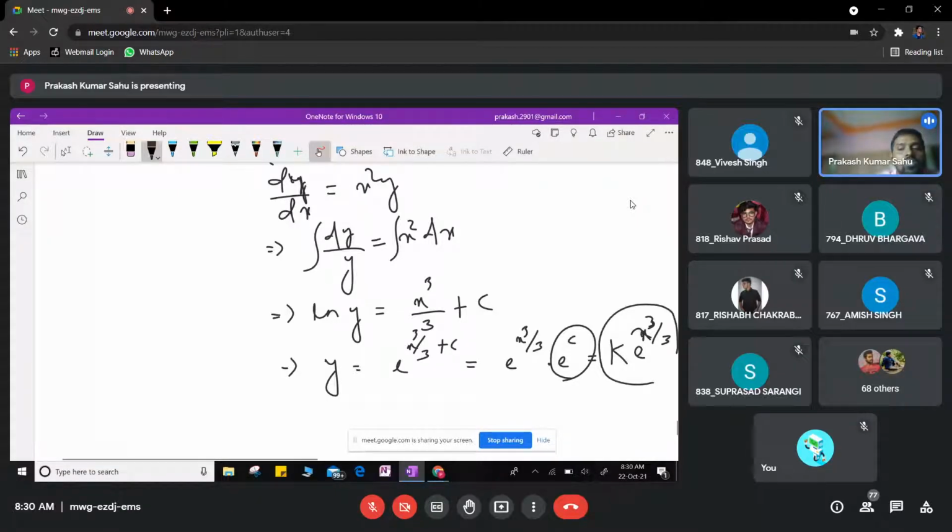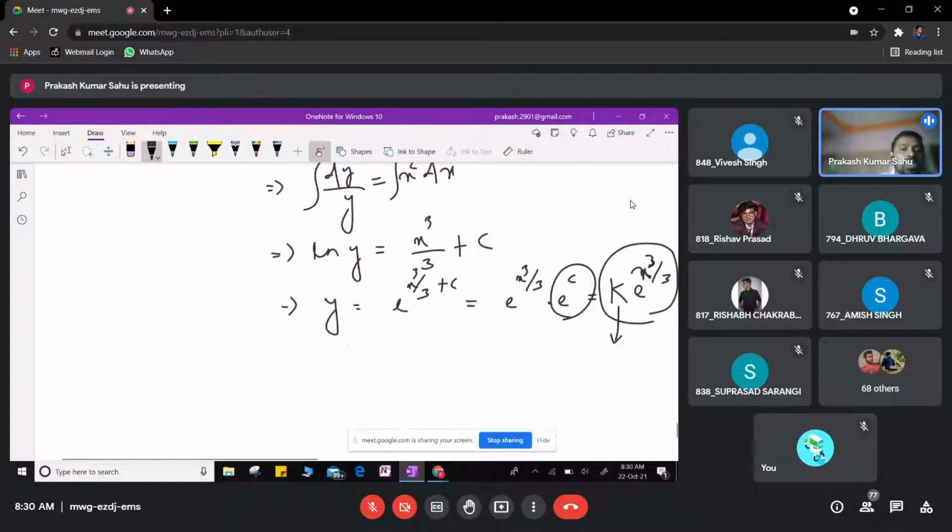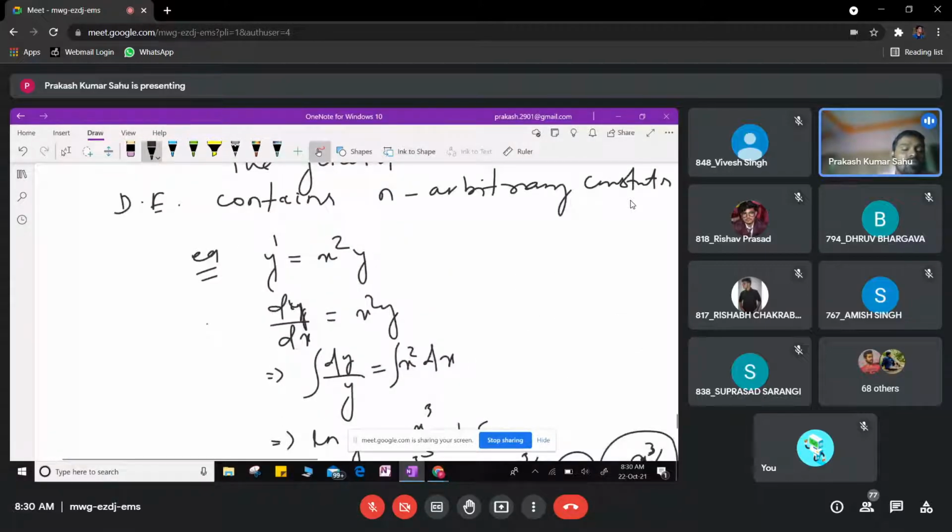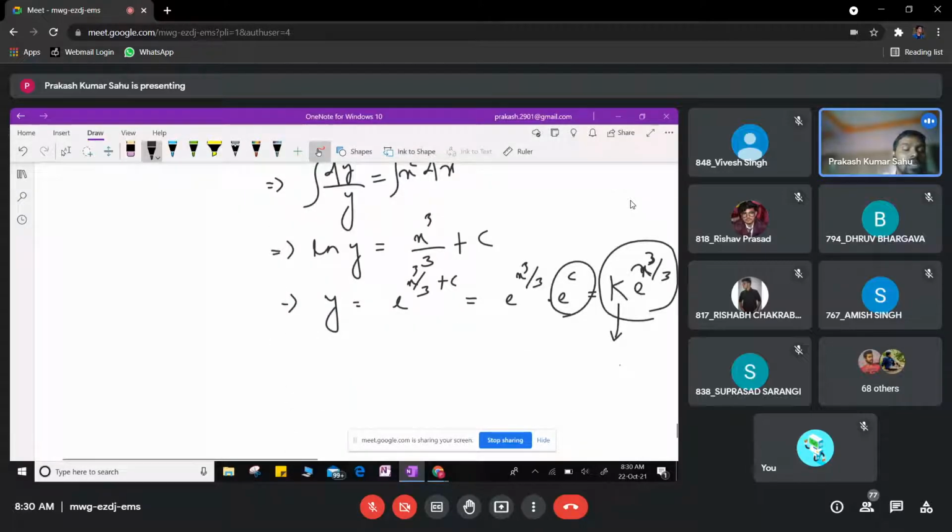So this is the solution, and you see this solution contains an arbitrary constant. So this is the general solution. The general solution contains an arbitrary constant, but here this is a first order differential equation, y dash is equal to x square y. So for a first order equation, how many constants? Only one constant, k, is there.